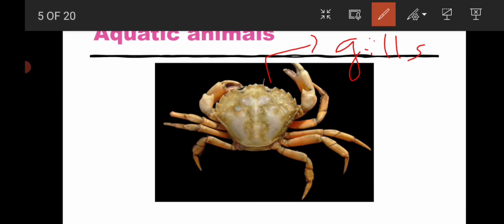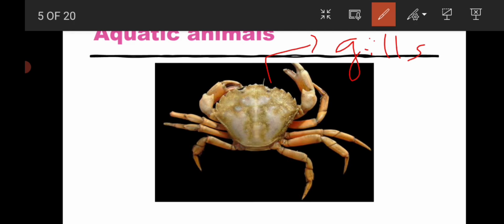While in water, these gills help them to separate the dissolved oxygen from water and they utilize it for breathing. But when these crabs come to land, they absorb the dissolved oxygen in the moisture of the air and they utilize this air for breathing. This is the special feature of the gills that a crab has.